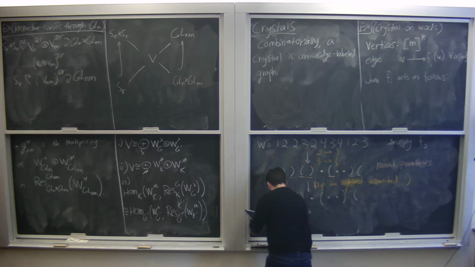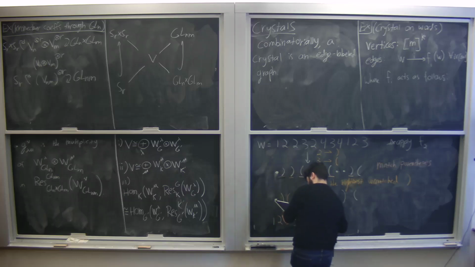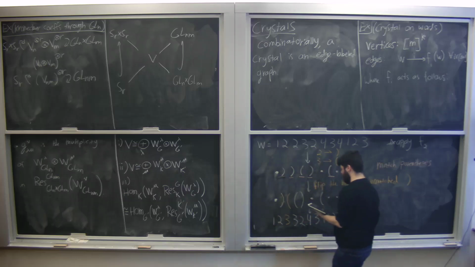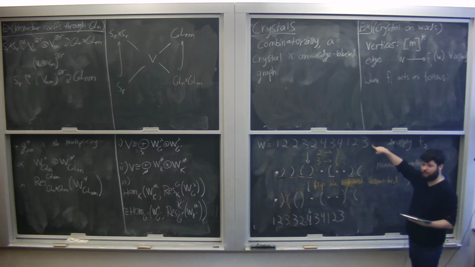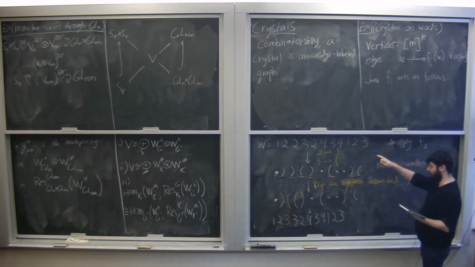And then we translate back to numbers. This is going to be now 1, 2, 3, 3, 2, 4, 3, 4, 1, 2, 3. So I've taken my word and done this process to select a number i and turn it into an i plus 1.